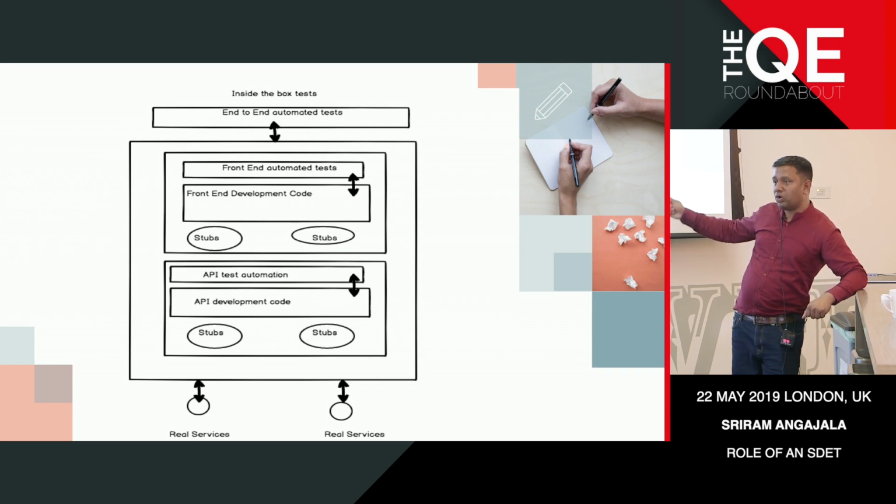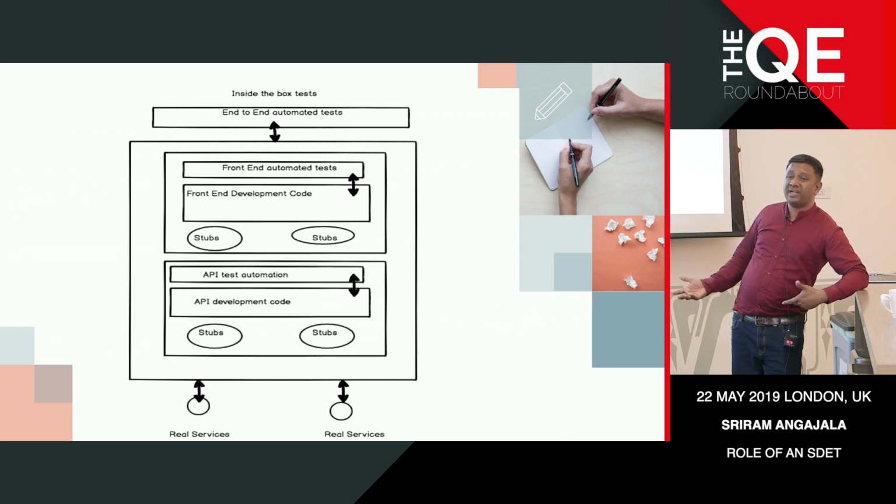However, we can't always use the third-party services. I think that is where a lot of companies who use third parties have the same problem. If any third-party system is down, then we can't put those tests in the pipeline, because we are depending upon third parties in our pipeline. So obviously we have to go for stubs. But again, there will be one more question: if it is using stubs, what is the guarantee that it works in production?